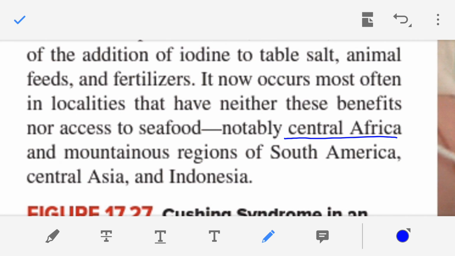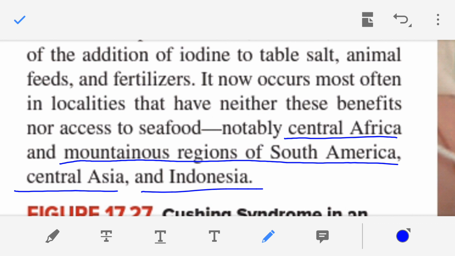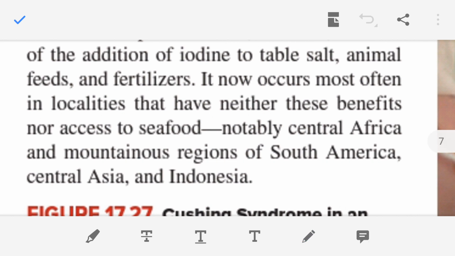Then you will find goiter patients in the mountainous regions of South America, and also in Central Asia and Indonesia. As far as the developed countries are concerned, they have mixed iodine with all their food items, for example the table salt, animal feed, and the fertilizer. So there are very few cases of goiter in developed countries.